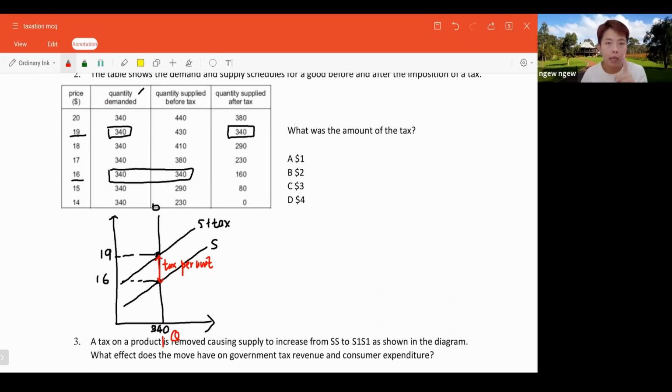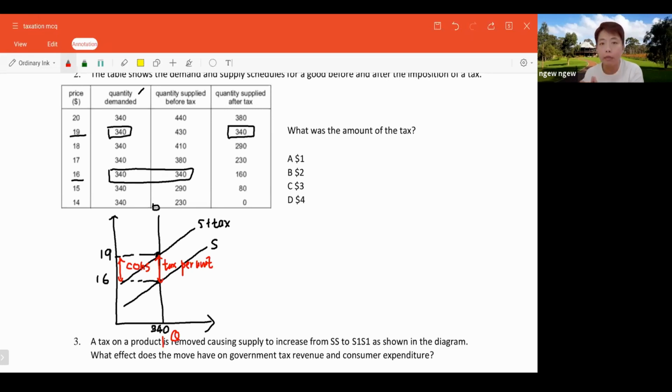And guys, I would like to continue a little bit more. The next step is to identify the change in market price. You will realize that this time round, the change in market price is exactly equal to your tax per unit, right? It shows that all the tax incidence falls on consumers, okay?